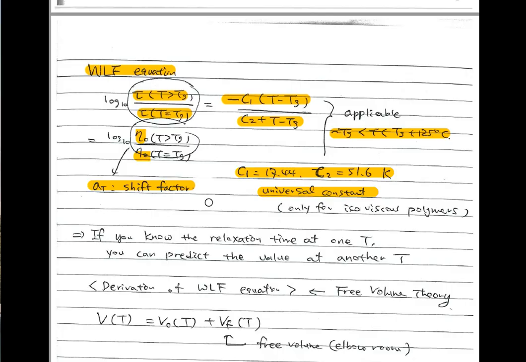So if you have information about the master curve and about this shift factor at one temperature, you can predict the behavior at another temperature.